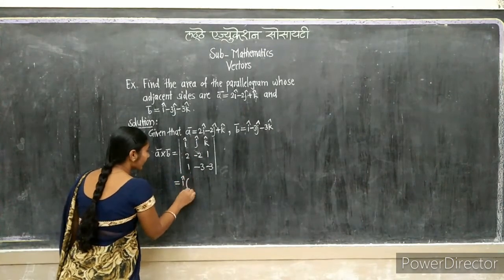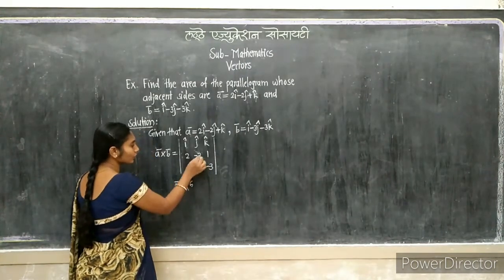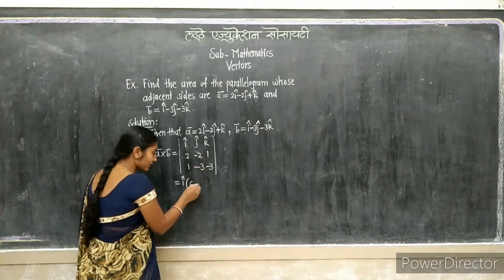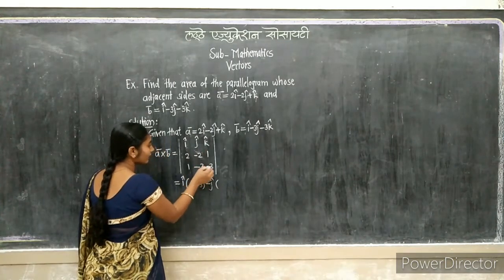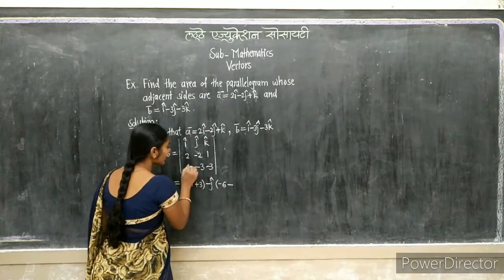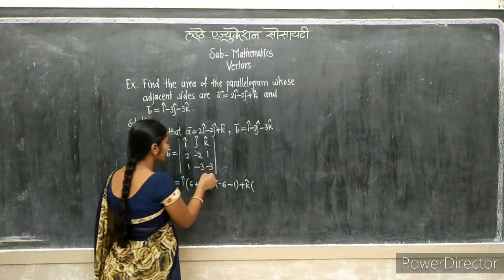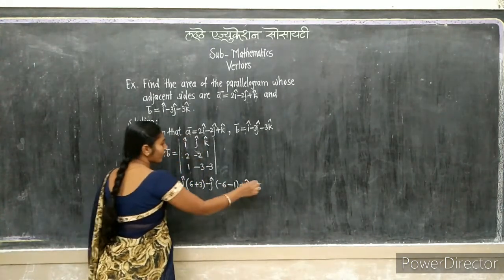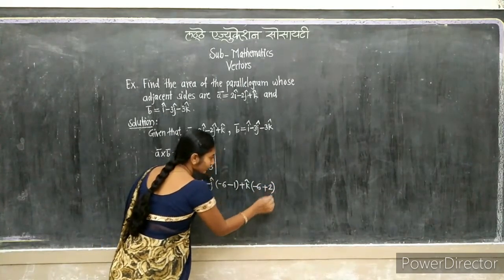i cap in bracket: minus 3 into minus 2, minus minus, plus 6; 3 into 2 is 6, minus 1 into minus 3 is minus 3, and this minus makes it plus; minus j cap in bracket: 2 into minus 3 is minus 6, minus 1 into 1 is 1; plus k cap in bracket: minus 3 into 2 is minus 6, minus 1 into minus 2 is minus 2, minus minus is plus 2.